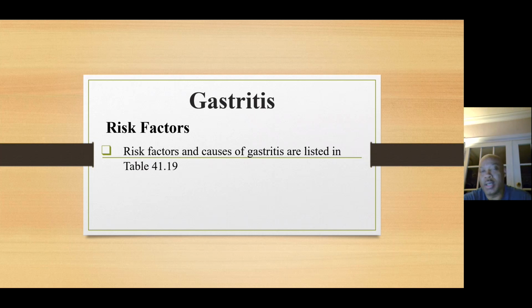Helicobacter pylori, or AKA H. pylori. This is also a key cause of chronic gastritis, this particular infection. All right, and so this is actually the organism that causes acute gastritis in most people who are affected.